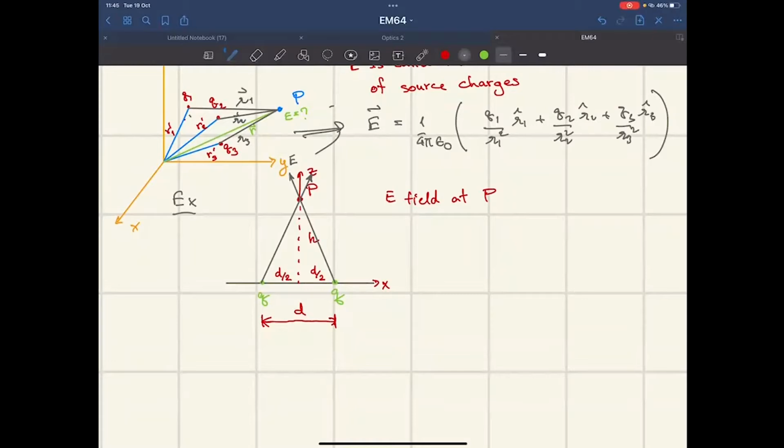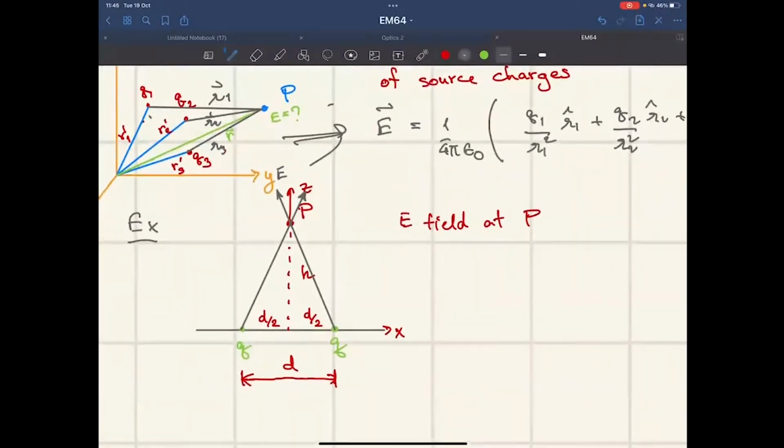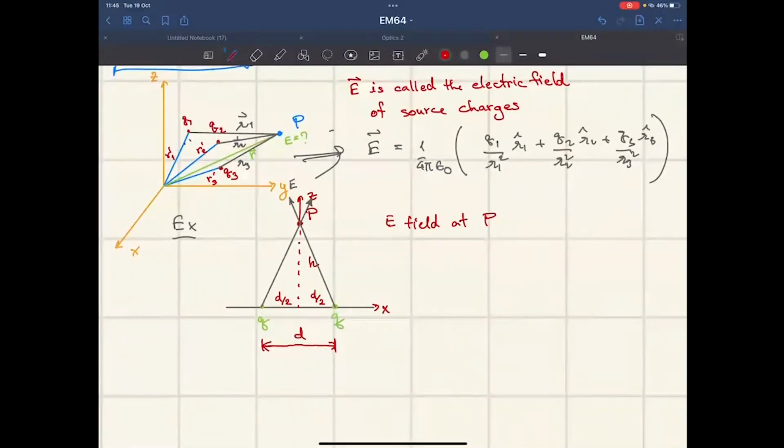And if you look really carefully, you can simplify the problem. First thing is that E field is a vector, so there's a vector E field here, EX here, and there's another E field here, EX here. If I ask you, are these two EX equal to each other?